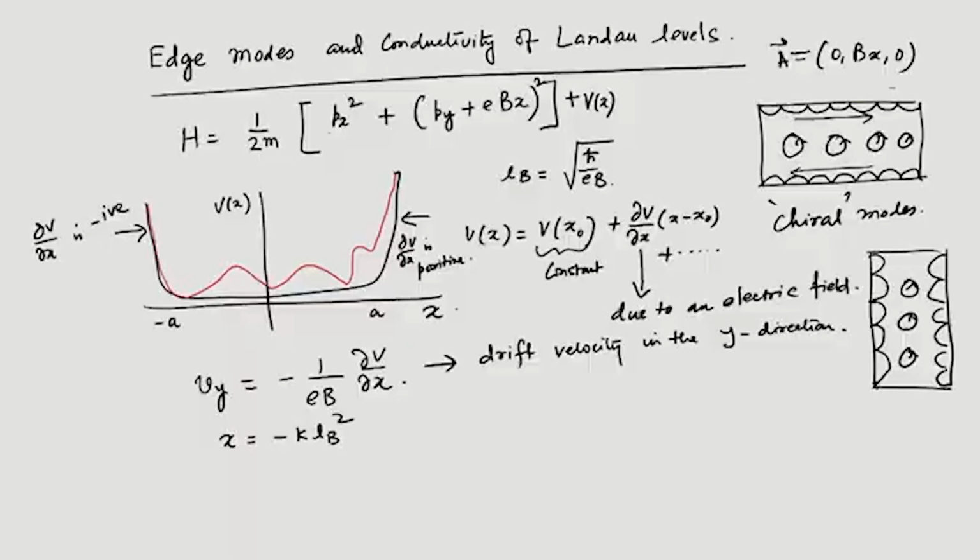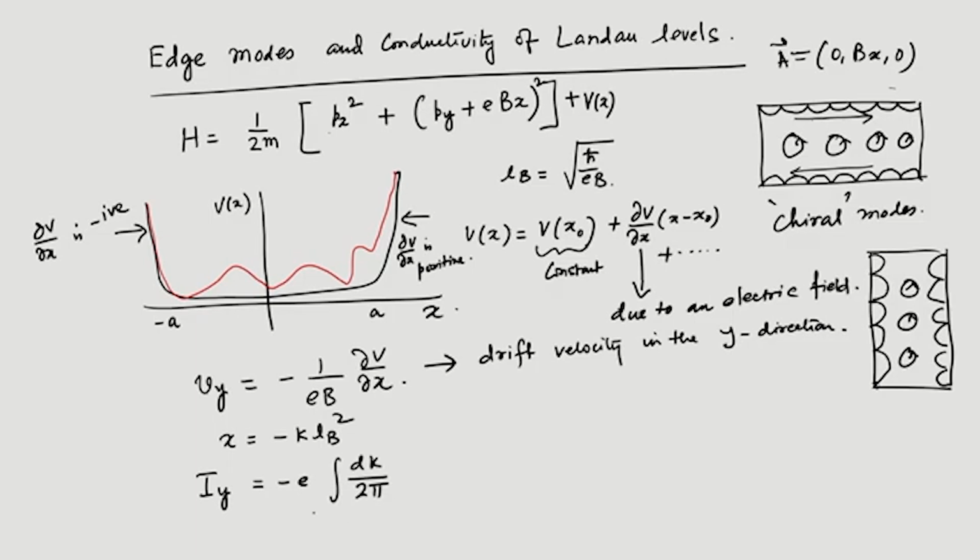So, if Vy at the left edge has a different sign with respect to that at the right edge, and because there is a drift in the y direction, that is Vy, there will be a current generated, which I can find out by taking this dk over 2 pi.